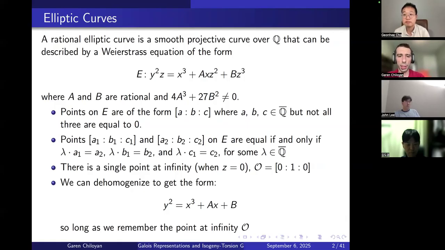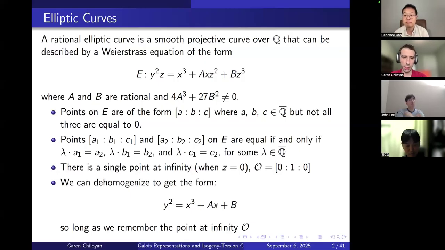So points on E are going to be of this form in closed brackets a, b, and c. A, b, and c are going to be elements of the algebraic closure of the rationals. But one thing I want you to note is that not all of them can equal 0. This square bracket is important to mention that points [a1, b1, c1] and [a2, b2, c2] on E will be equal if and only if there's a scaling term between them.